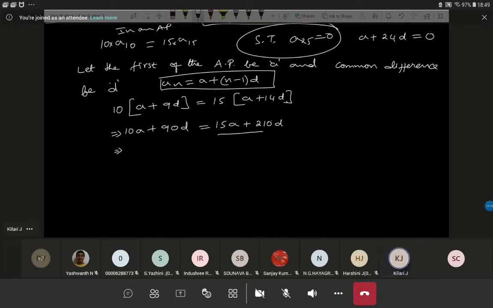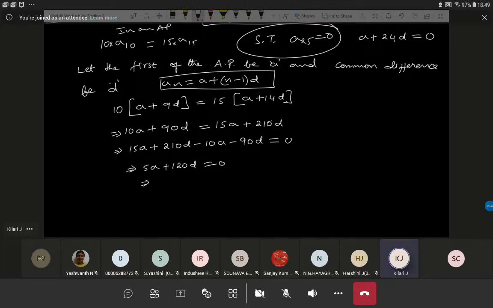The coefficients of the terms on the RHS are larger, so I am going to take all the terms to that side. Then we will get 15A plus 210D minus 10A minus 90D is equal to 0. It implies that 15A minus 10A is 5A, and 210D minus 90D is 120D, is equal to 0.